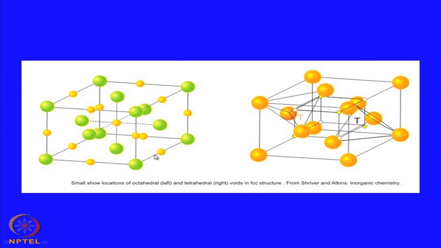The coordination number of these interstitial sites, shown here by yellow circles, is actually 6. The sites with coordination number 4 are not shown here, but they are actually present. We will see where exactly the interstitial sites with coordination number 4 reside.